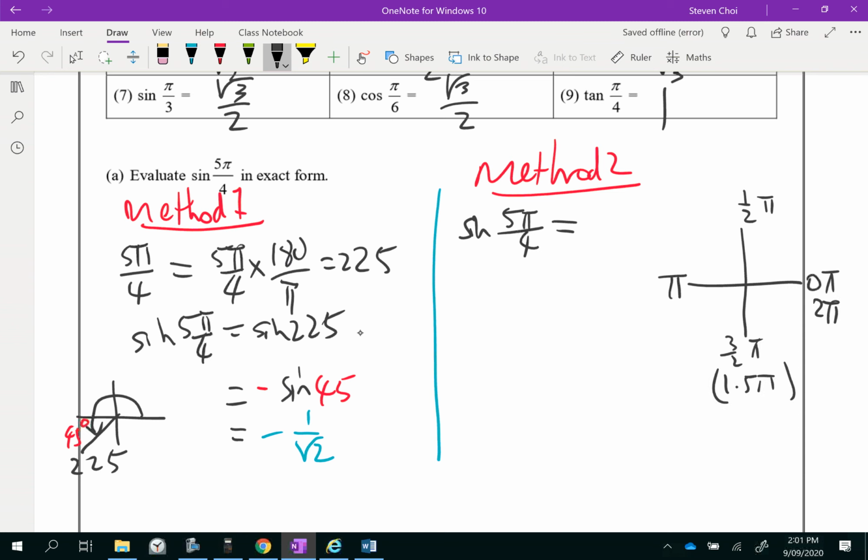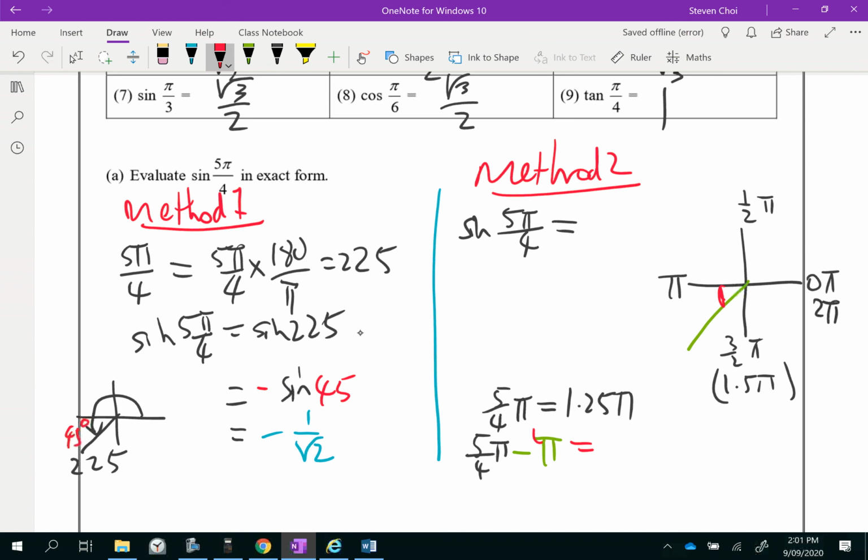So 5 over 4 pi is equal to 1.25, so it must be here. Once you've located the quadrant, to find the related angle you follow the same procedure. You do 5 pi over 4 minus pi to get your related angle.